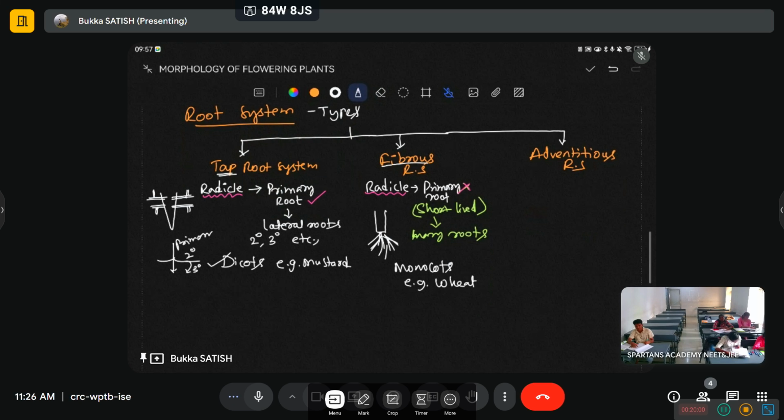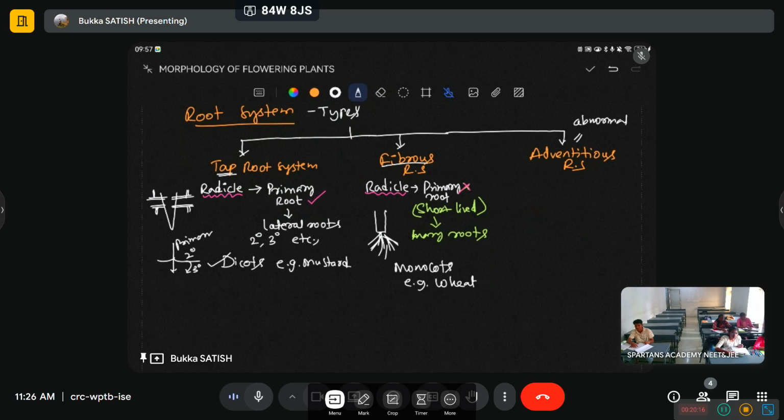Here, adventitious roots means, first of all, adventitious means abnormal. Anything which is not normal, we call it adventitious. The technical term adventitious means abnormal.